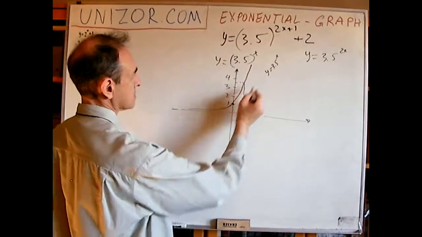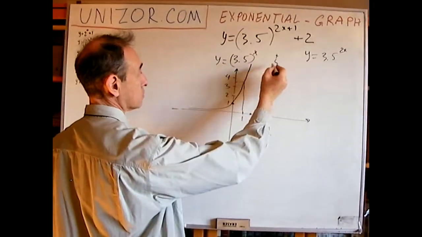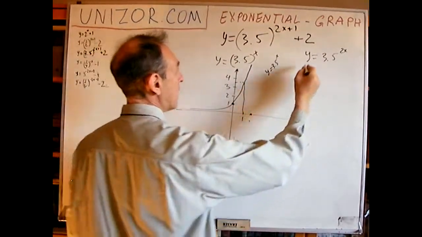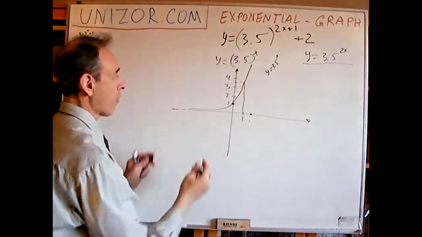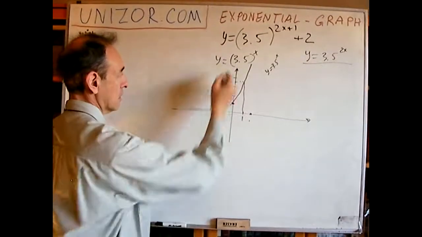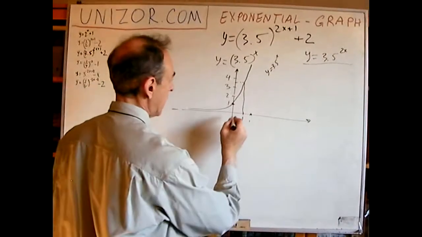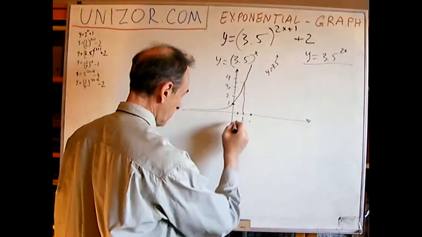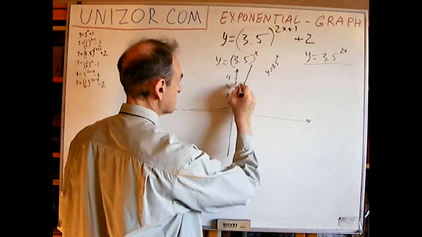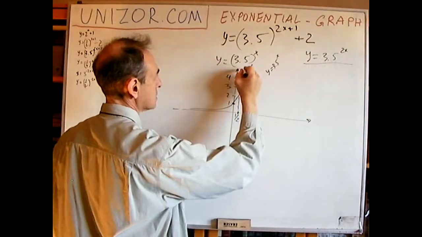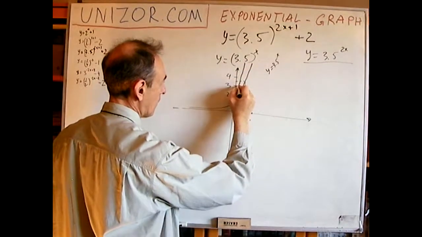So as x is equal to 1, my function is equal to 3.5 to the power of 1, which is 3.5 here. But now, as I'm squeezing it towards the y-axis, now it will be at 1/2. The same value, 3.5. So it will be this way.